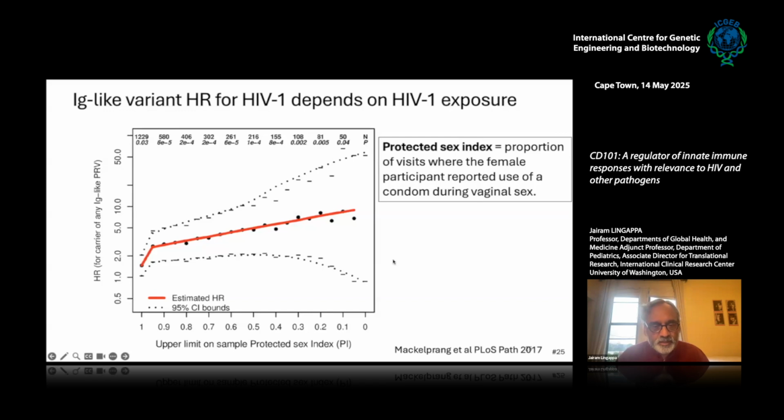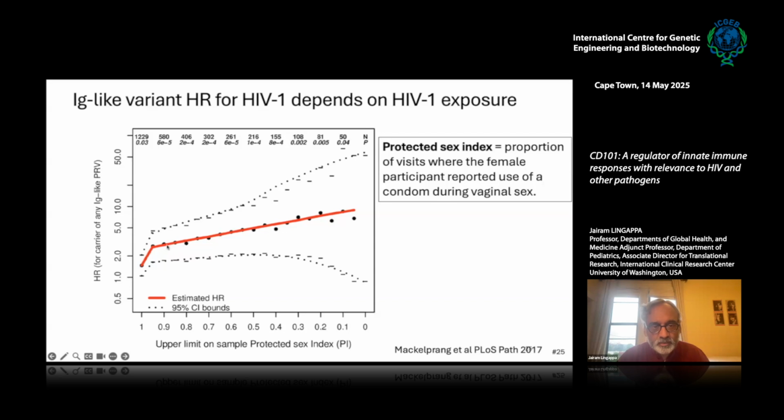What you can see in this graph is that as you decrease the protected sex index, which means you increase the exposure to HIV, you have a steady increase in the hazard rate of any IG-like variants.